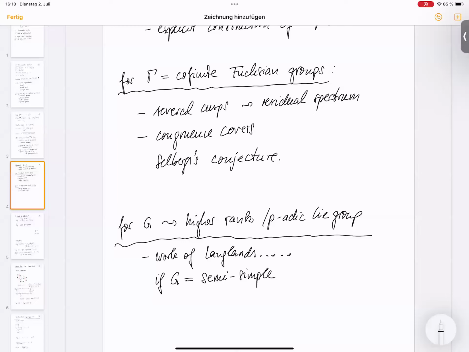Or you can change the group to higher rank groups or even p-adic Lie groups, starting with the work of Langlands and an uncountable number of people that I just abbreviate with the dots. At least in the case where G is a semisimple Lie group, there's a lot known, and all this is totally orthogonal to what I really want to do here.